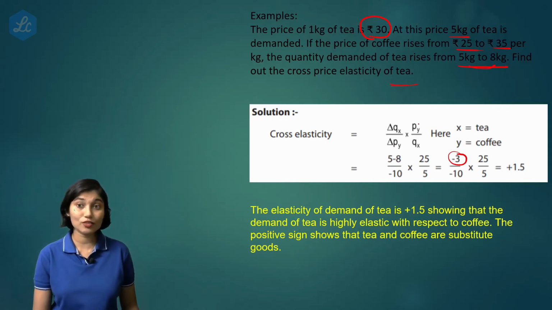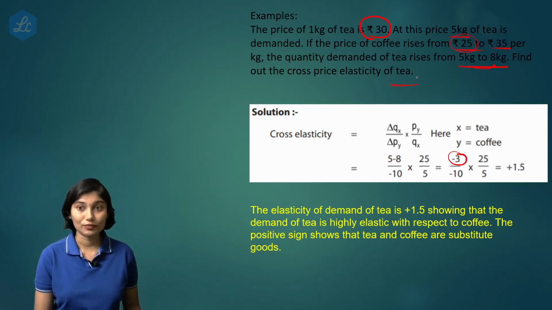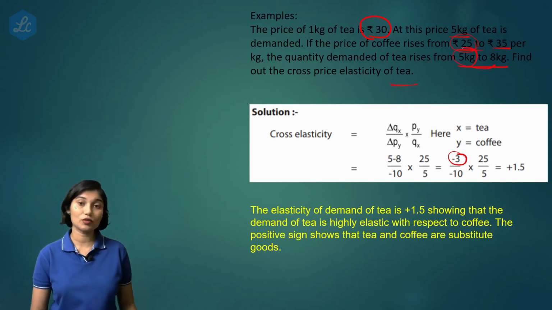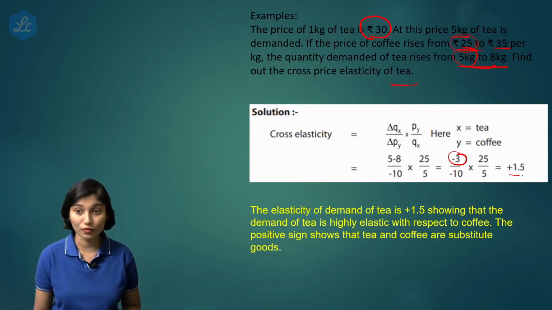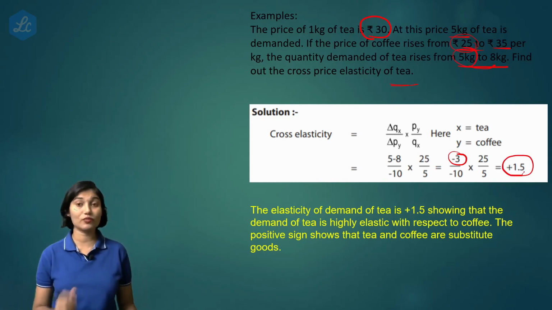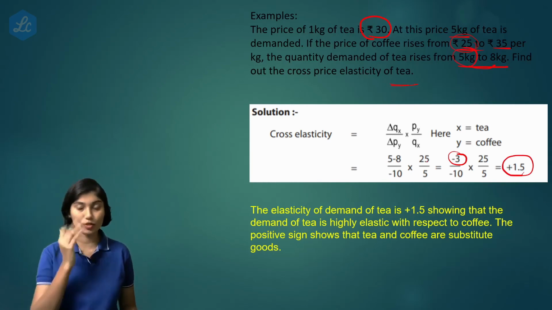Into price of y, that is 25, original price of y, divided by quantity of x, which is 5 kg, original quantity of x, which is 5 kg. When you solve it, you get positive 1.5. So minus divided by minus, positive 1.5.